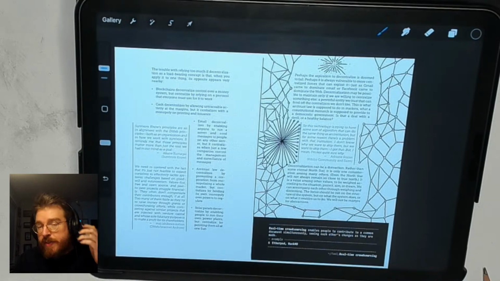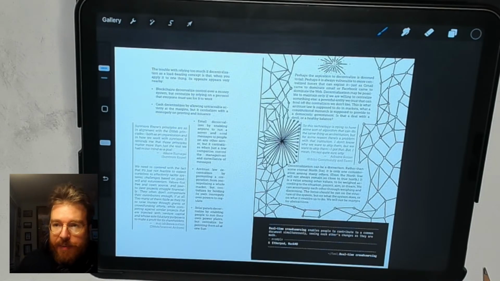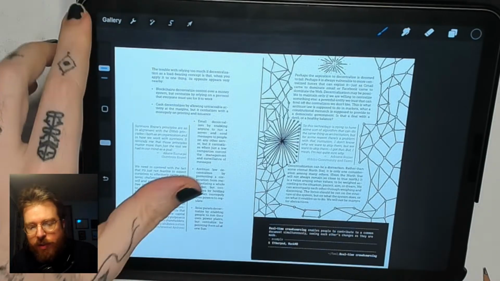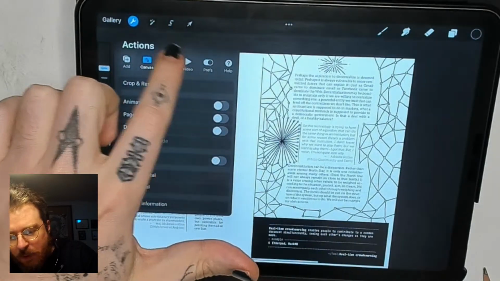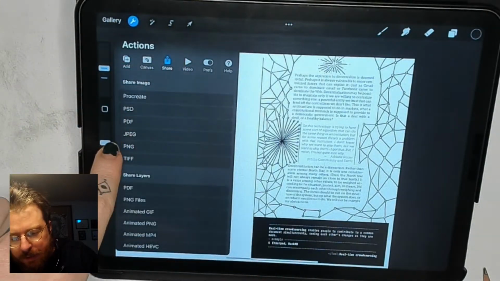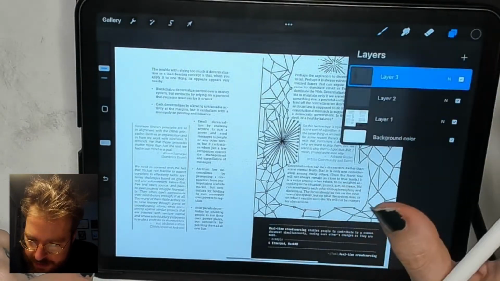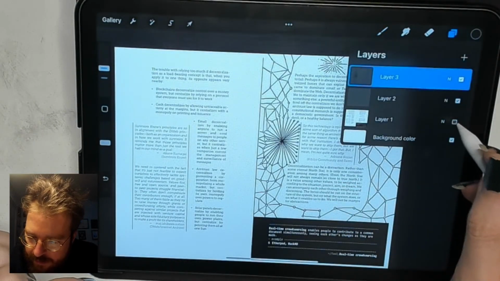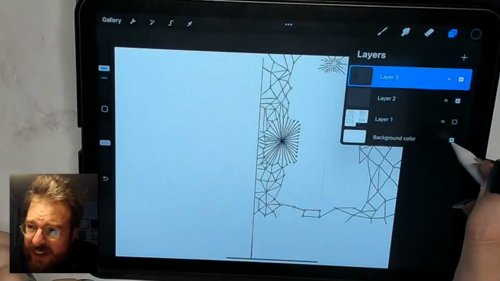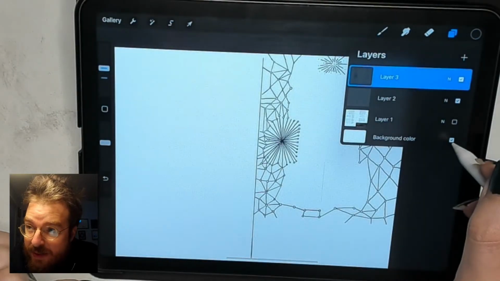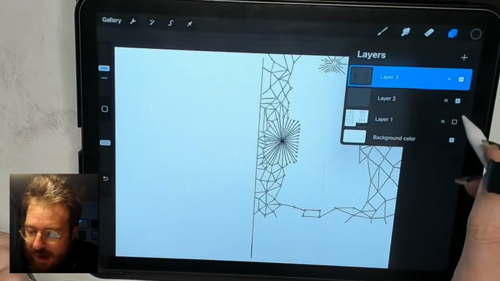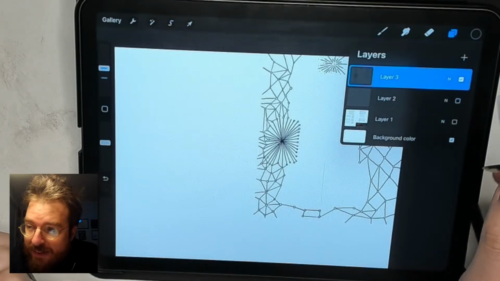Okay. So let's see, what are we going to do? We are now going to export, share it's going to be a PNG file, and we're going to turn off this and the background layer. So this is all we're sending in, and actually we're going to turn off that too.